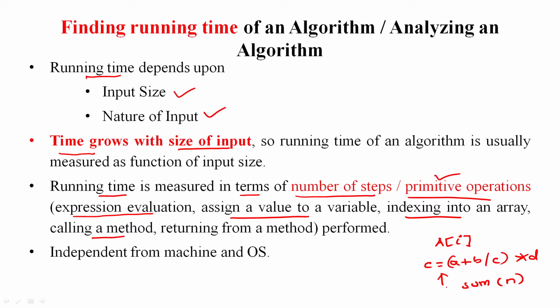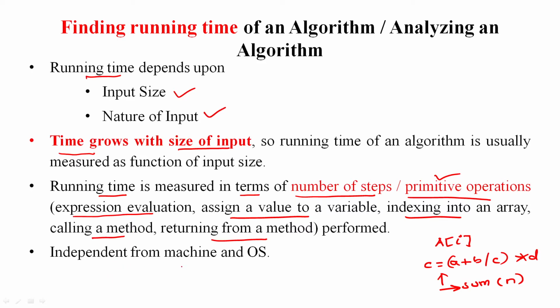So this is the method calling. This statement will consume 1 unit of time. Then the return statement. So these are all examples of primitive operations. So running time depends upon the number of steps and primitive operations available in the algorithm.